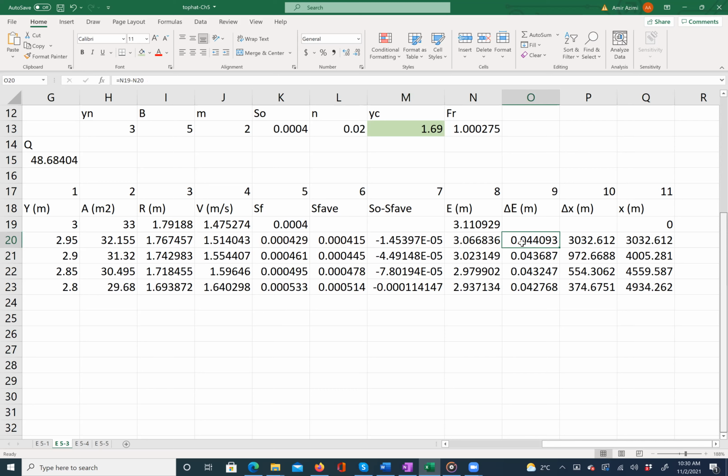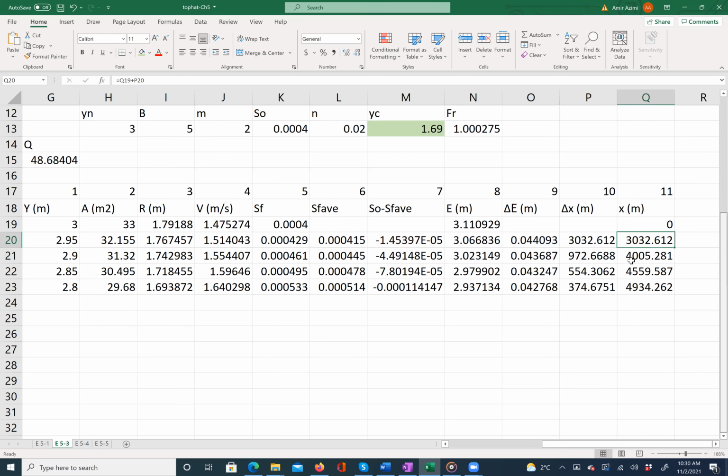So then we can calculate the energy loss. So we have the energy difference between two sections. So we calculate the energy and then we calculate the energy difference. And then delta X is equal to energy difference divided by the slope difference. So you see here that I use a negative sign because I want to have distances positive.